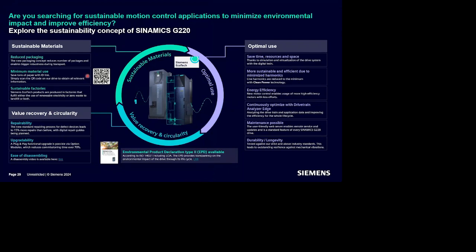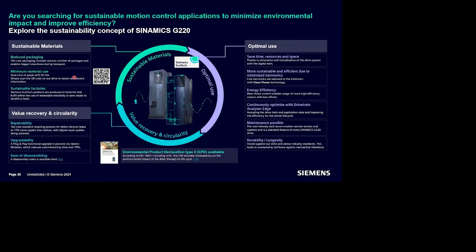This is our overall sustainability concept, and I know this slide is full of information, but just the keywords for you. We start from the design phase, from the production in our factories. We have reduced to the minimum the paper that is included in our packages. And we have also created this ID link QR code that is printed on every single Sinamics G220.